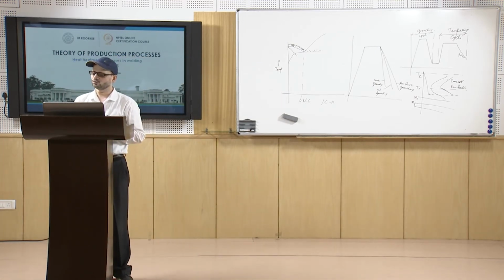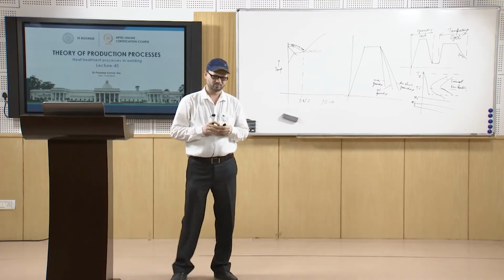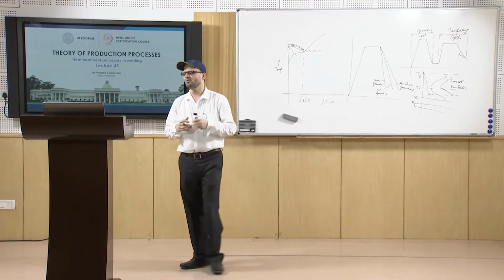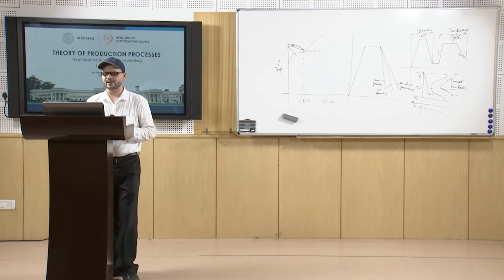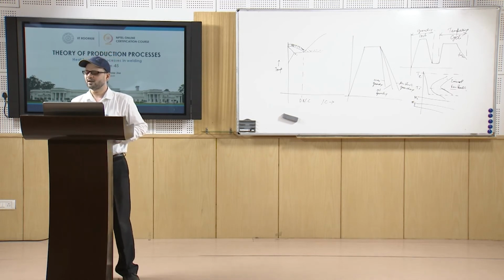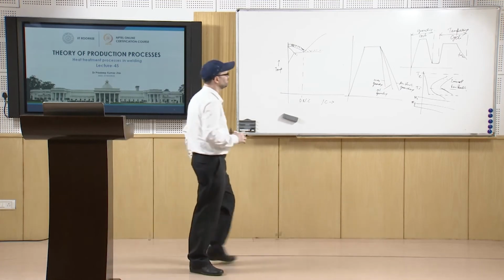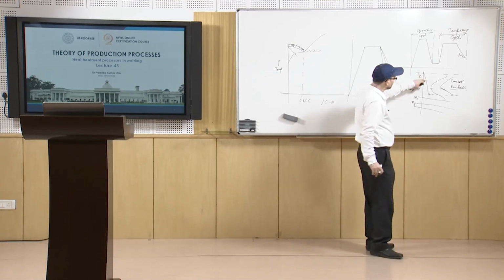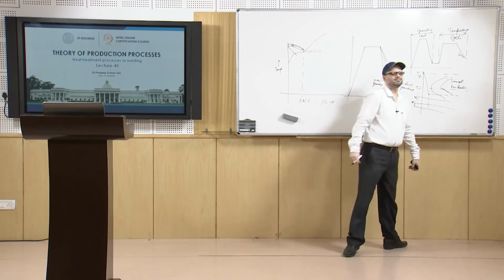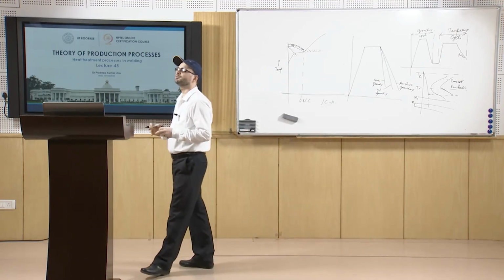Then you also have another type of treatment known as martempering. Here you go to a temperature where it is basically the tempering of the martensite. Had you gone straight down, you could have got martensite, which is extremely hard.